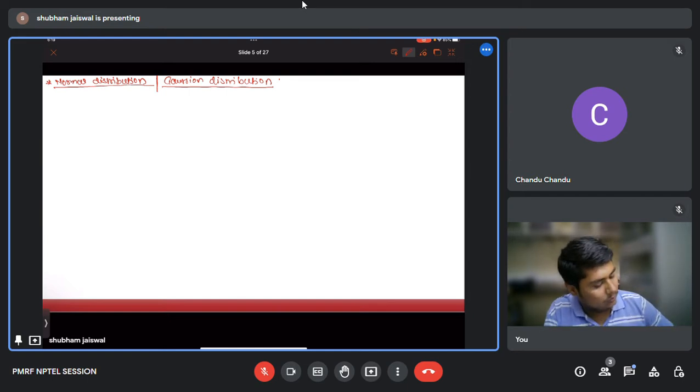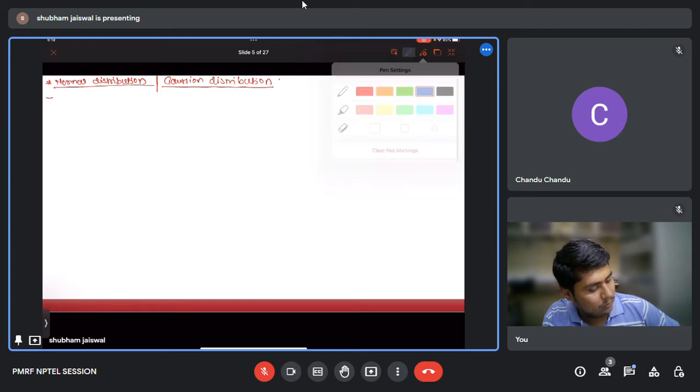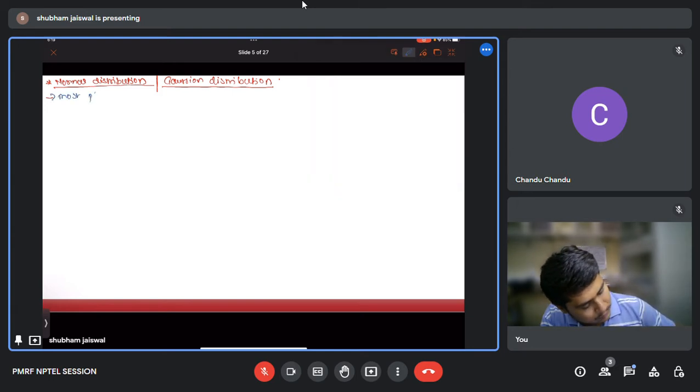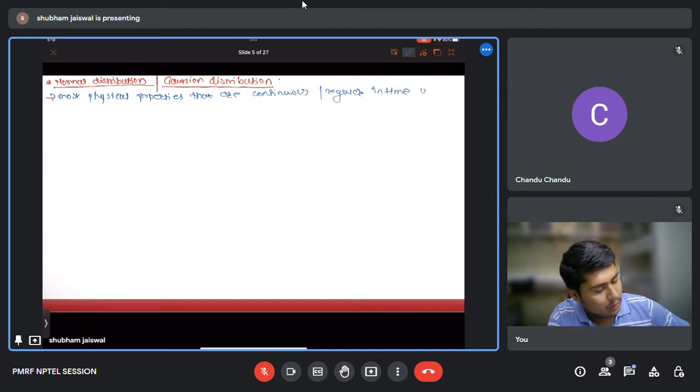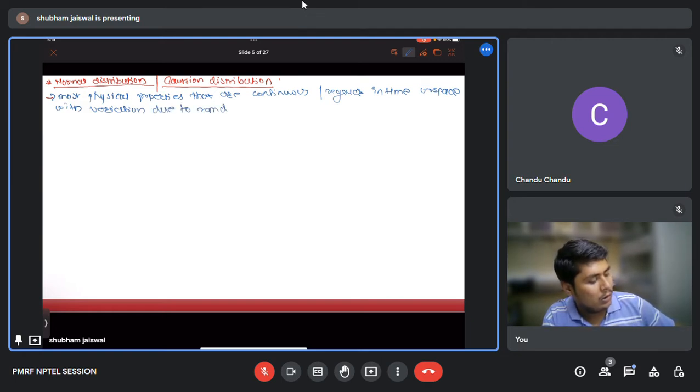So physical properties that are continuous or regular with variation due to random error.